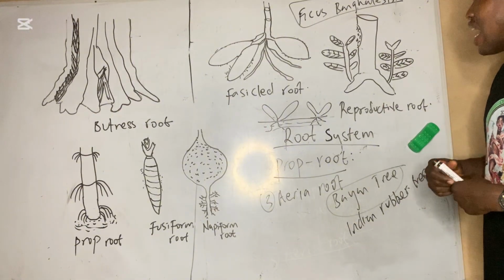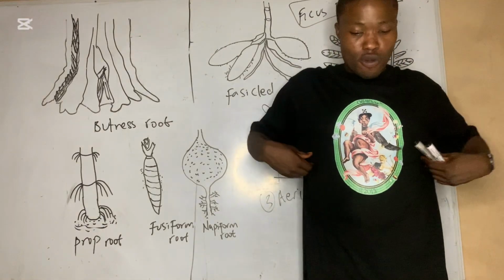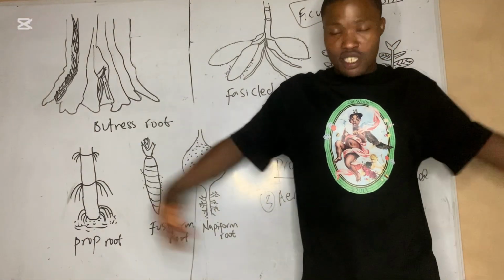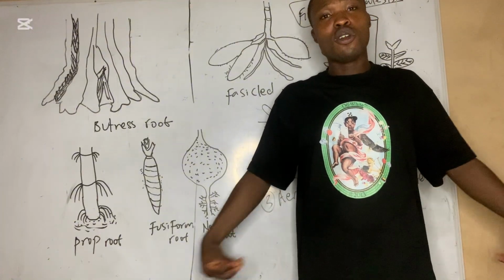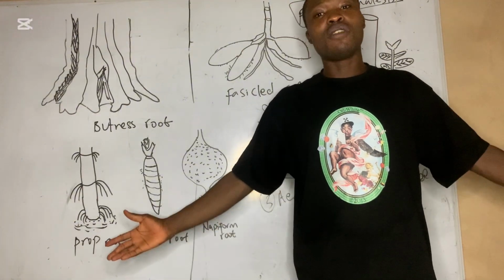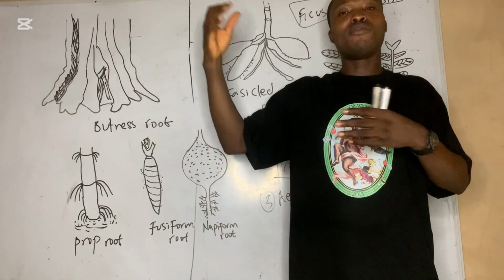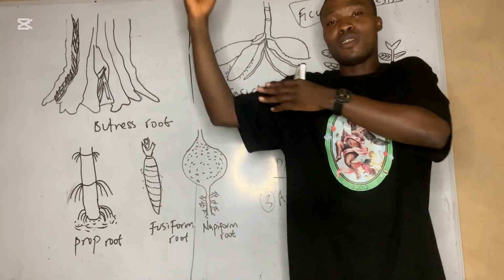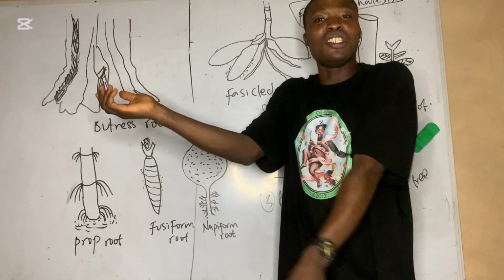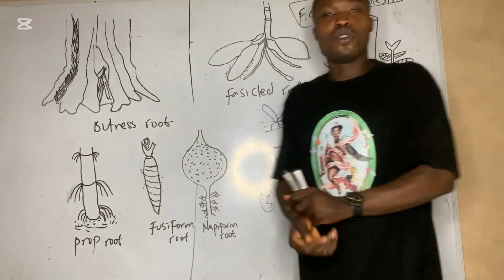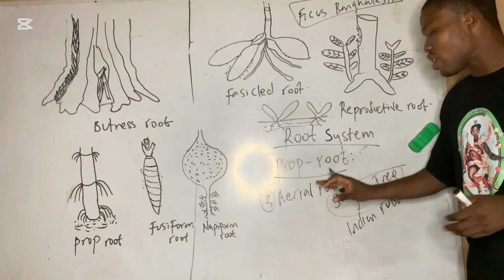So for instance, I am a tree, and I have many branches. As I have many branches, I start to develop roots. Why does it develop roots? Because birds pick my seed, and when they were trying to feed, they drop the seeds on my branches. So branches started developing roots from the seeds due to the falling of the seed. So that type of aerial roots is also that kind of aerial prop roots.